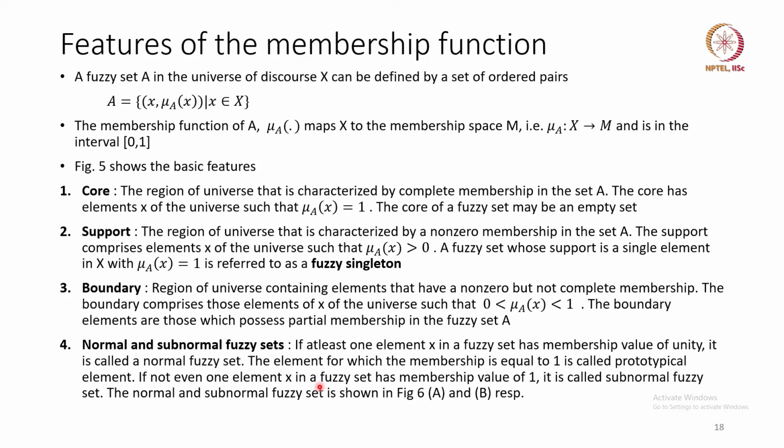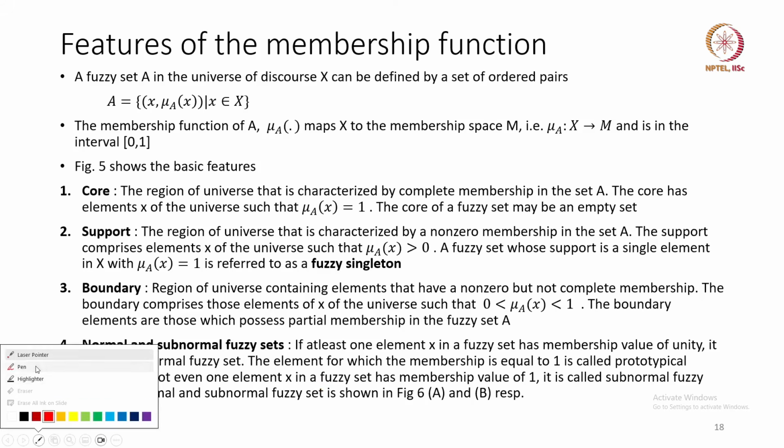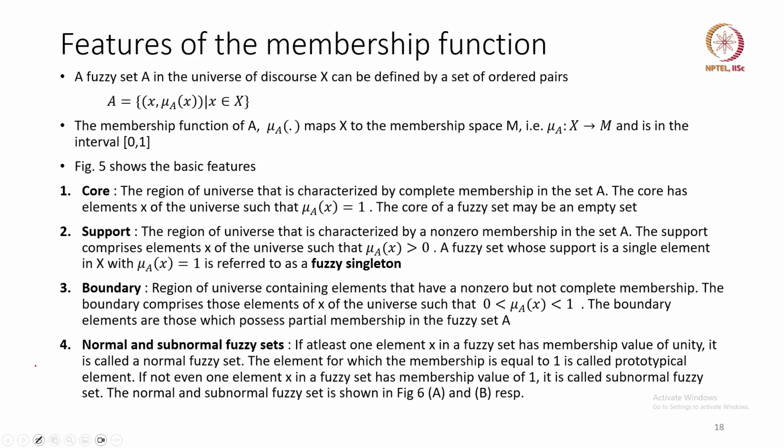It's possible in some cases that it could be just discrete. You may have x1, x2, x3, etc., and you may find that this has some membership value, and this has another membership value.